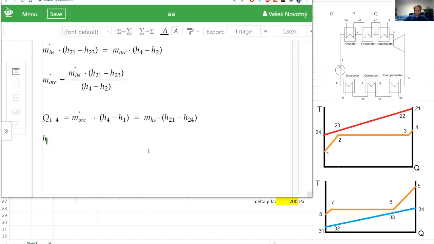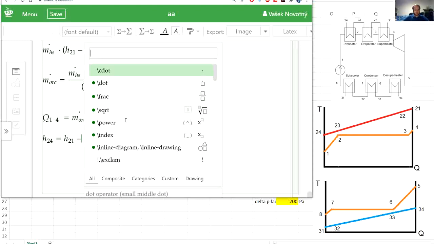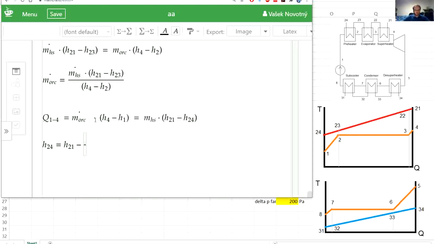So we can get the enthalpy H24: it will be the enthalpy H21 minus the fraction, this Q14 over here, divided by the mass flow rate of the heat source.